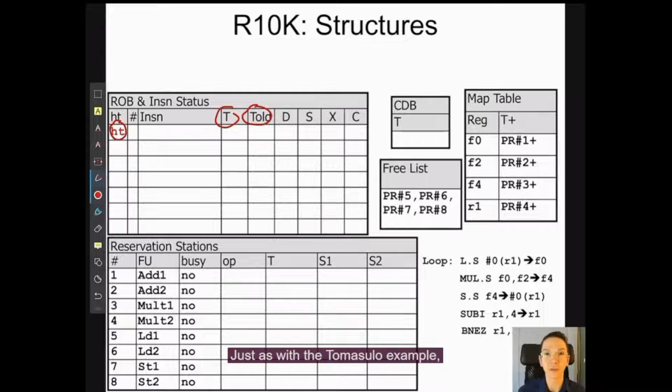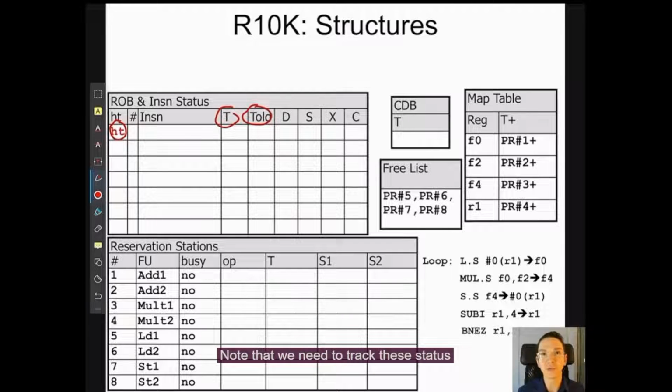Just as with the Tomasulo example, we'll also fill out the cycles at which every instruction dispatches, issues, executes, and completes. The latter stage is new here in dynamic scheduling with speculation, and I've hidden the fetch and retire stages.